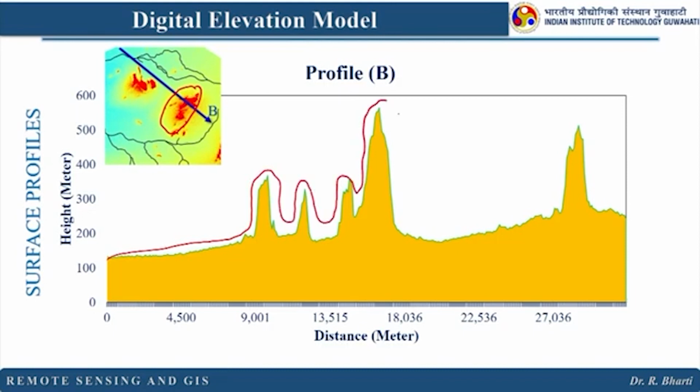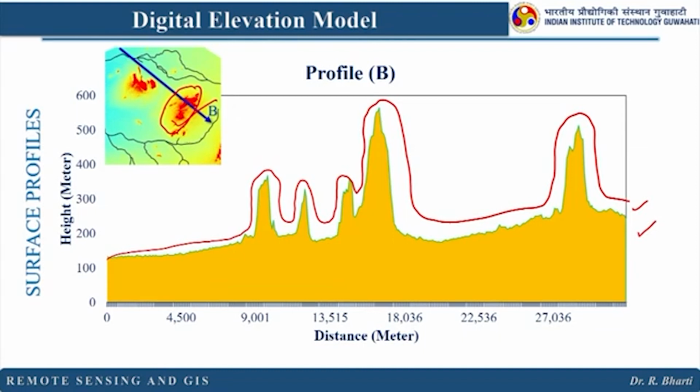That means these are the hills which are falling in between, right? It is very clear from this section that this area is not a flat land, and this surface profile gives you the exact scenario. Here you can do lots of analysis, like what the slope is, what the aspect is, everything you can calculate.